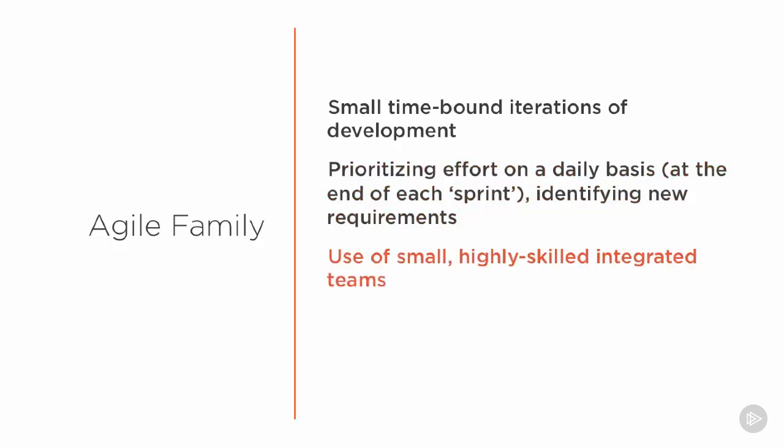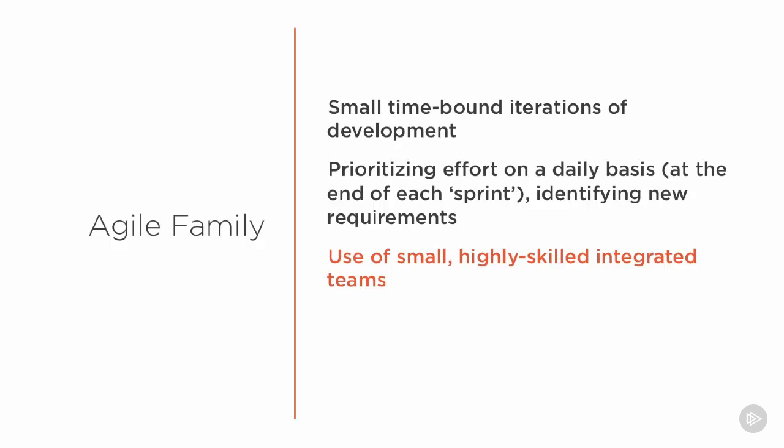Now, this depends on the use of a small, highly skilled, and integrated team. The idea being that with a small, highly skilled team, we'll be able to learn from the business unit, work with the business unit, to then design and develop code that will really meet the business unit's requirements.